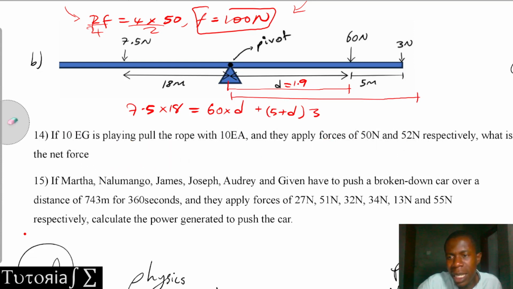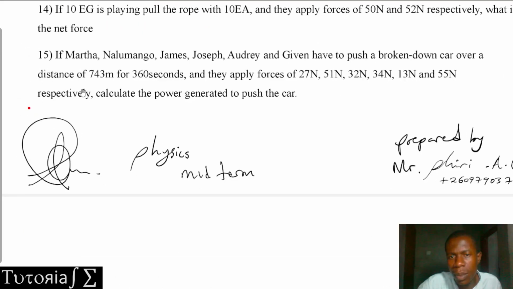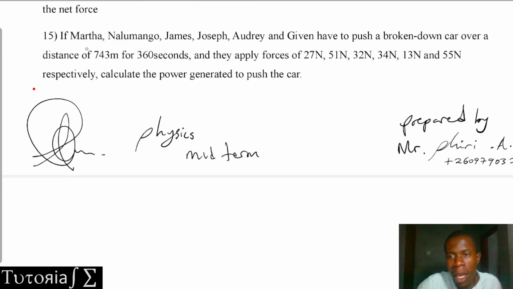Then we come to question number 15. If Martha, Nalmango, James, Joseph, Audrey, and Given have to push a car over a distance of this much for this time, and they apply these forces respectively, calculate the power generated.